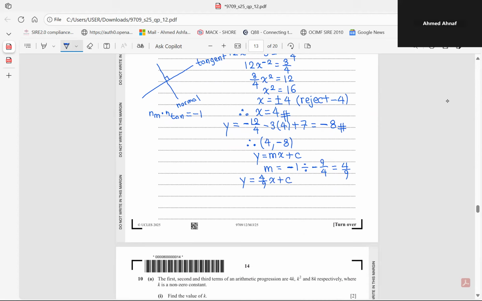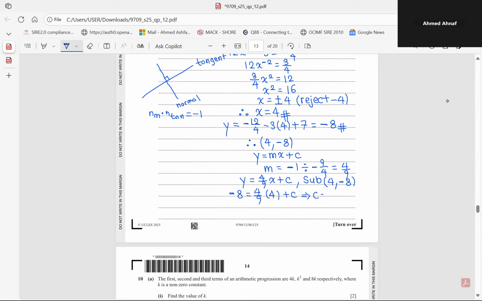And now we are going to sub x equals 4 and y equals negative 8. So this would be minus 8 equals 4 over 9 times 4 plus c.